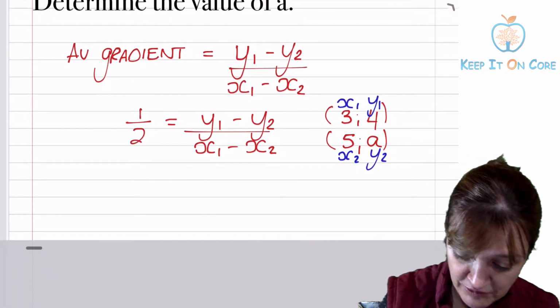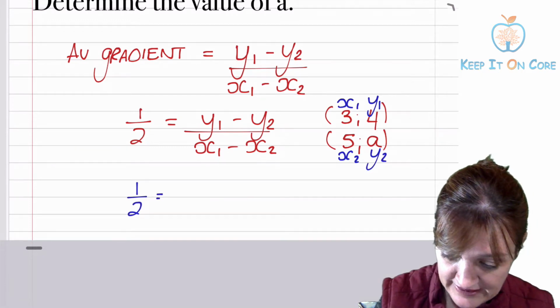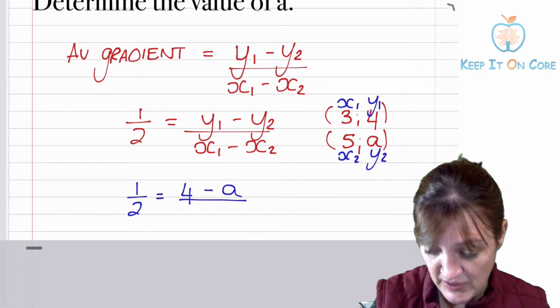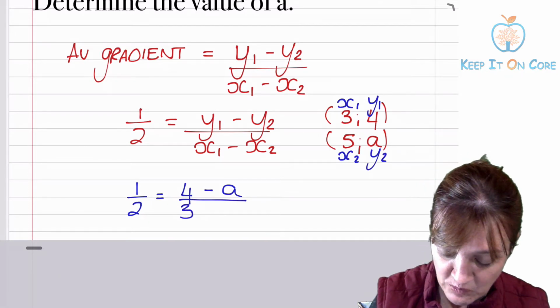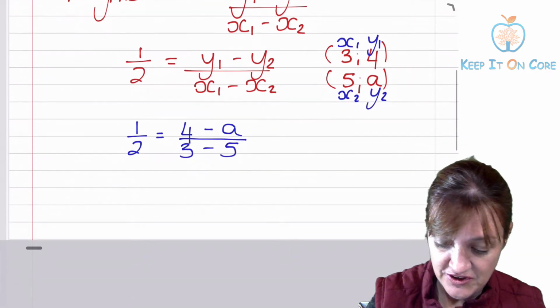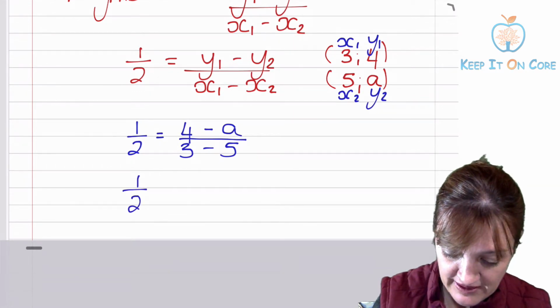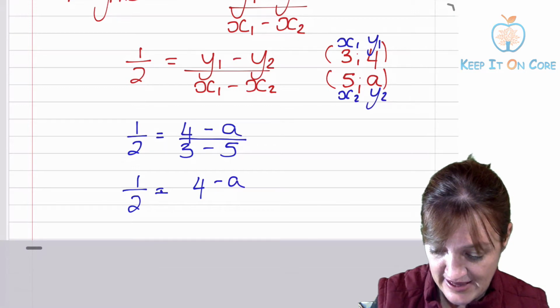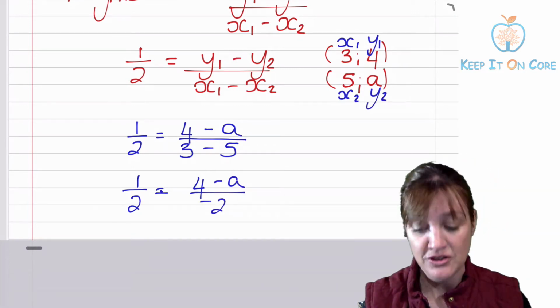So therefore we have a half equals y1 minus y2, there's your a value, over x1 minus x2, and then from there we are just simplifying. So we still have a 4 minus a, but down below we have a negative 2.